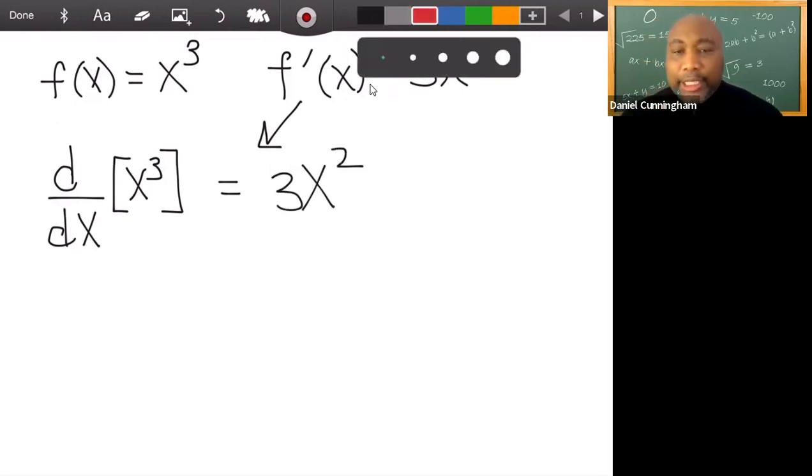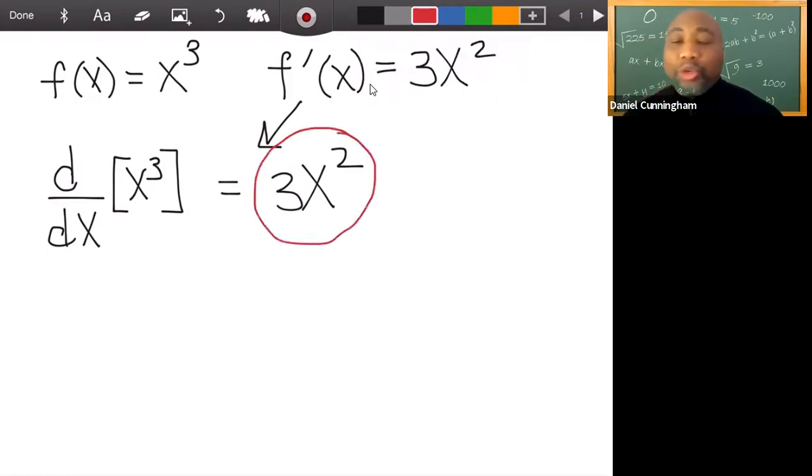What we want to do in this lesson is I'm going to give you the derivative, and you're going to give me the original function that gives us that derivative. So we're going the opposite direction, or we're finding the antiderivative.